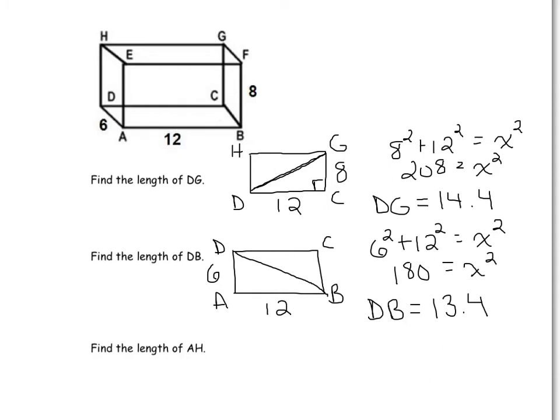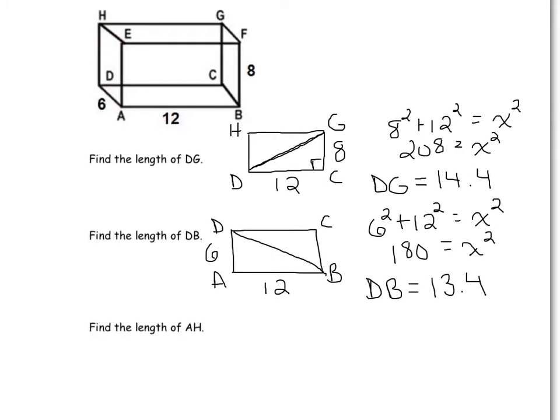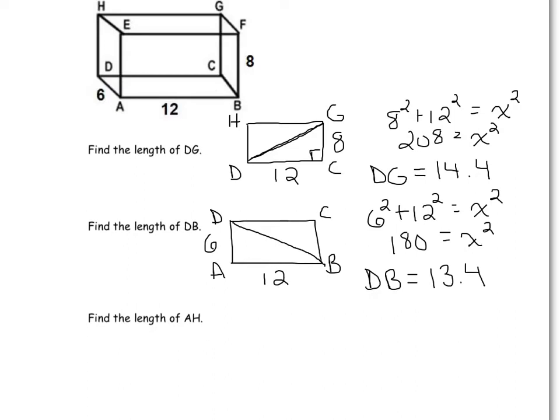Next one, AH. So let's look back at this figure. A is here, H is here. So we're looking at that panel over here on the side. So I would redraw it. Let's scoot that up a little bit. So it's that side panel. It has A, D, E, and H. This side was 6. How long is this upright side going to be?